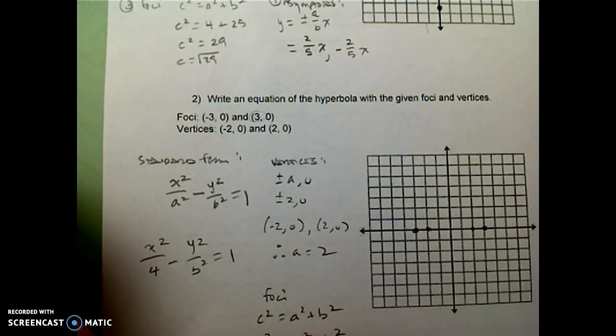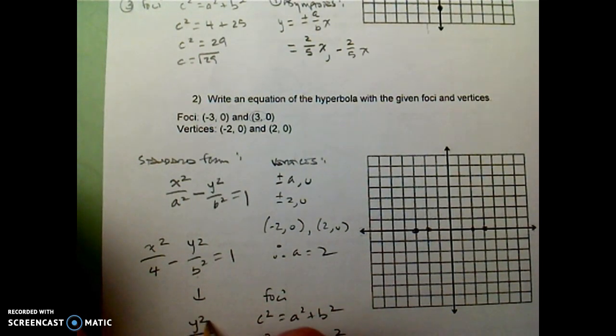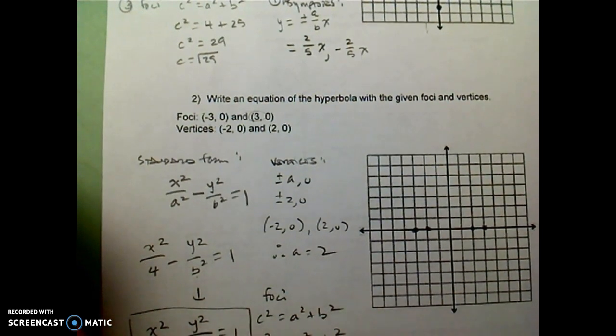So now let's simplify. 9 equals 4 plus b squared. Solve for b squared. So b squared will be 5, and b is the square root of 5. So x squared over 4 minus y squared over 5 equals 1.